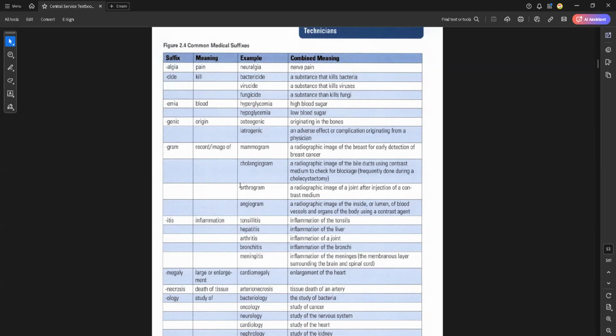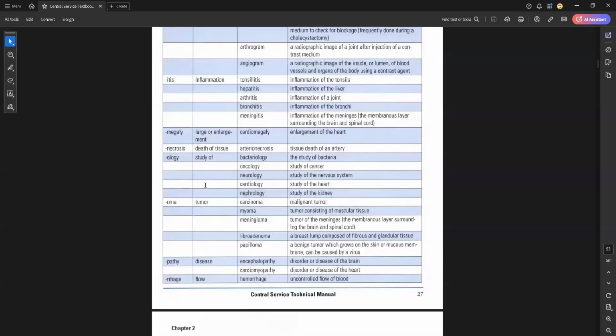So I'm giving a lot of examples: herbicide, insecticides, weedicides. We are very familiar with these things, those of you from Ghana, I believe most of you are from Ghana. Yes. So cide means to kill, and then we have emia, also the blood, genic, gram. Itis is inflammation. We saw that already. Then we have rrhaphy, etc. So these are all examples. And as I said, in this area, you just have to spend some time to get yourself familiar.